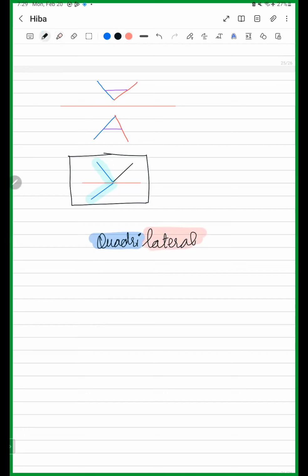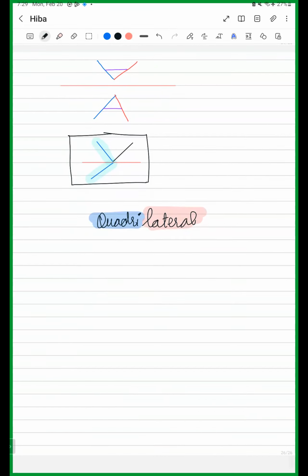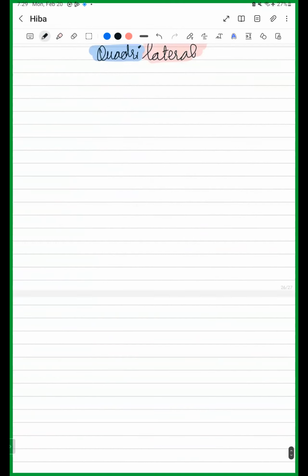Yeah, and a shape which has 4 sides. So square is a quadrilateral, rectangle, parallelogram, rhombus, kite, trapezium, all of them are quadrilaterals. But when they are saying quadrilateral in general, then this means कि it can be any random quadrilateral.